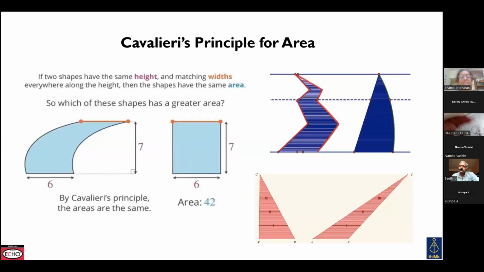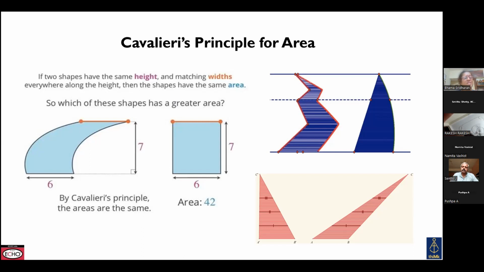And this is very good for us teachers to understand this principle of area. It's called Cavalieri's principle. So this is what it states: if you have 2 shapes of the same height and matching widths everywhere along that height, then the shapes have the same area. So suppose on the left, it initially was a rectangle, and then you sort of shear the top, right?